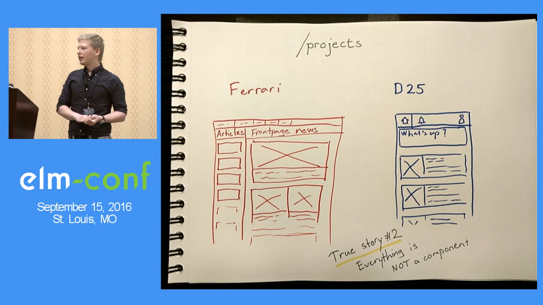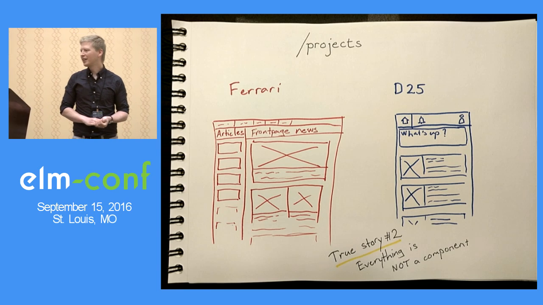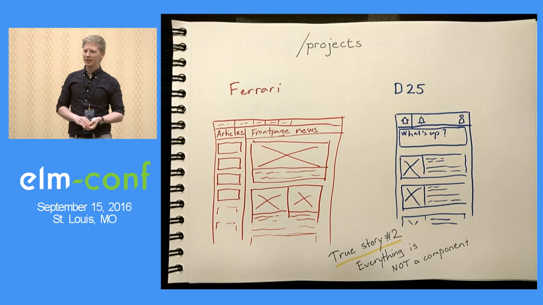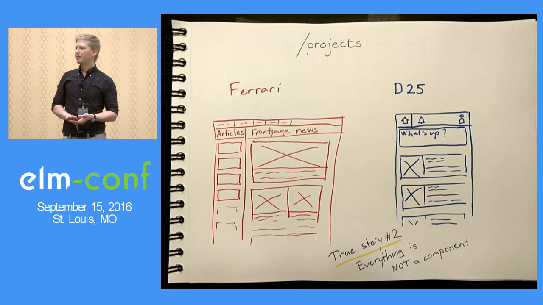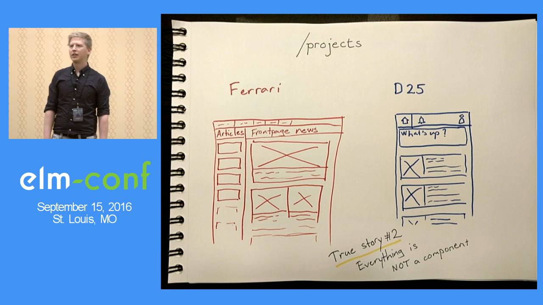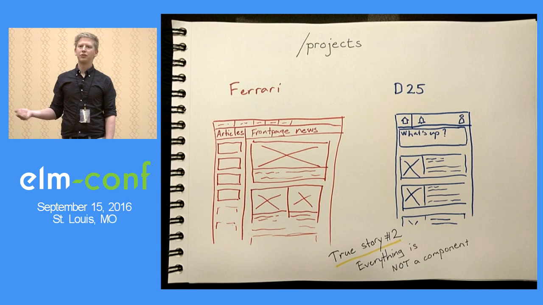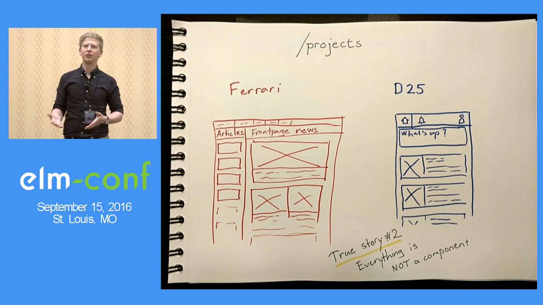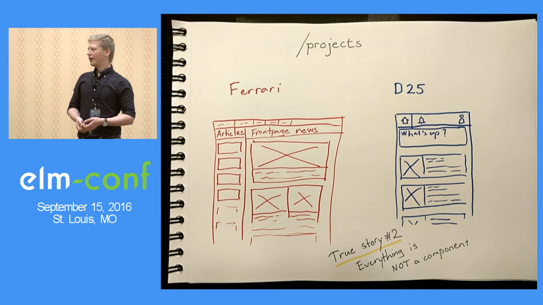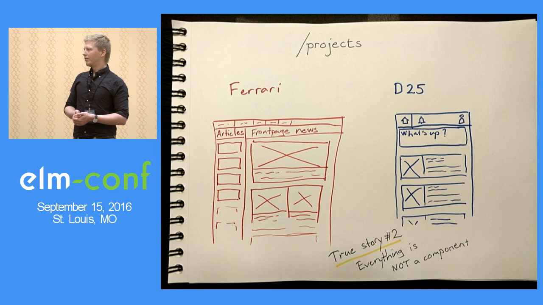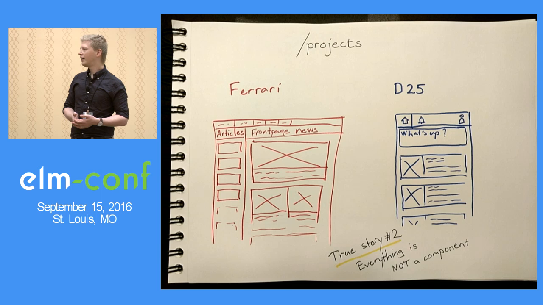Then the second one, D25, that's basically a simple social media of sorts. So you can register as a user, you can log in, you can interact with other users, and that's basically it.